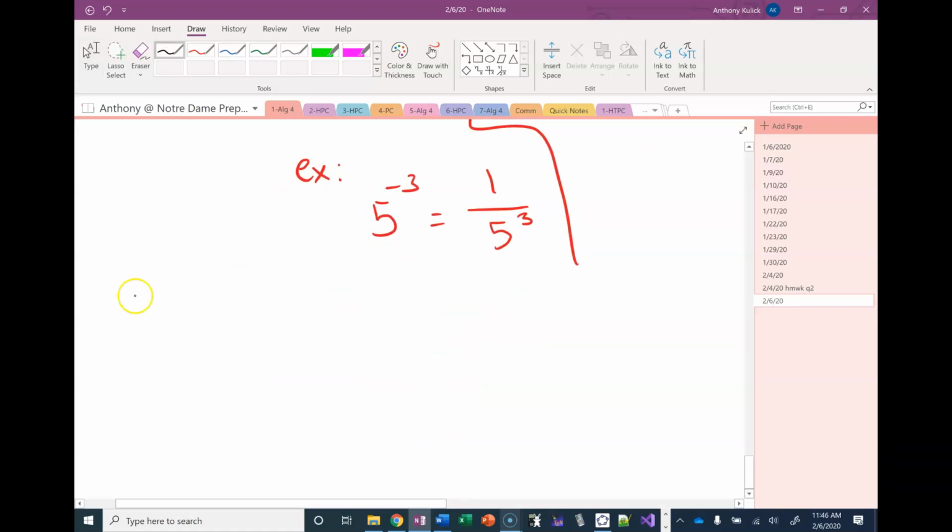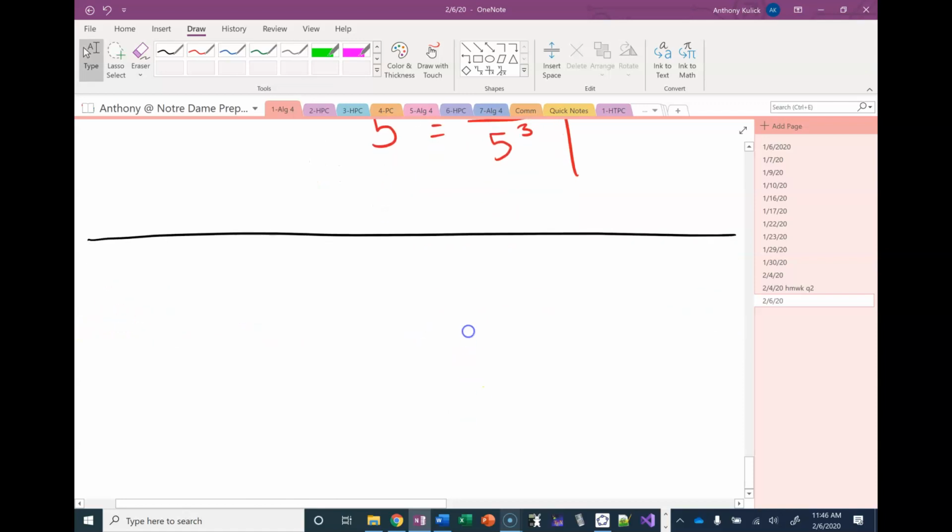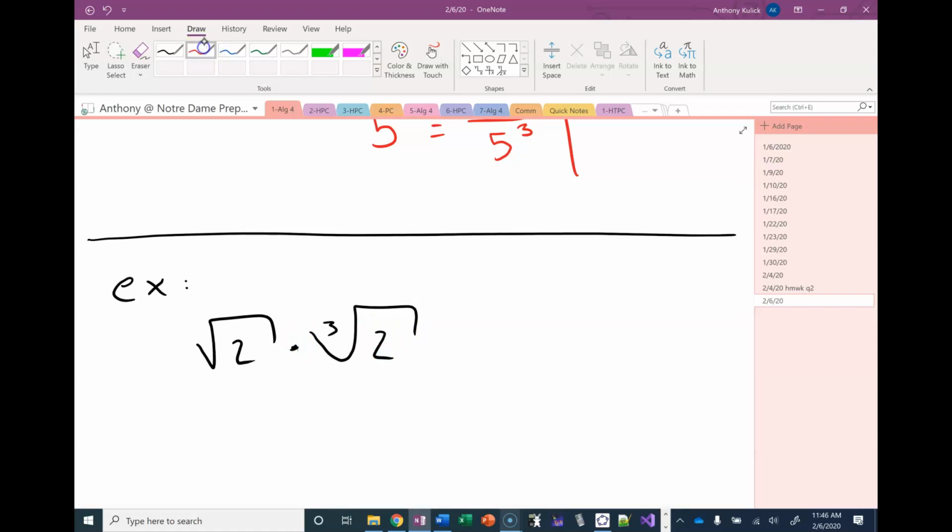So if we go back now to this example that we had at the beginning, where we had the square root of 2 times the cube root of 2, the way I'm going to deal with this is by rewriting these as exponentials. So what is the square root of 2 in its exponential form? So remember, that's the rule that we're using.